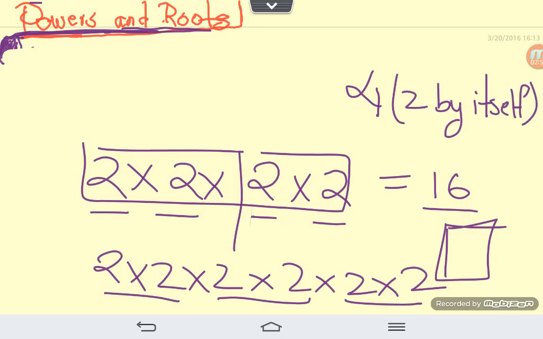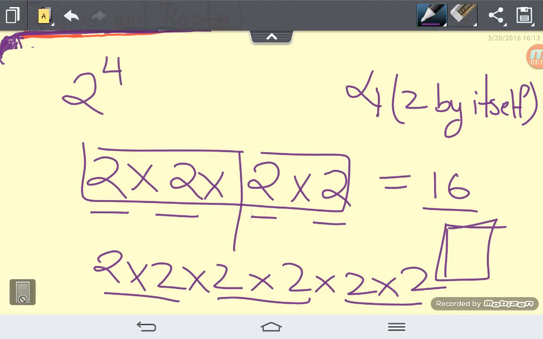So, how do we express it as a power? As I said, power is just a representation of multiple multiplications. So, we can represent it as 2 to the power 4.